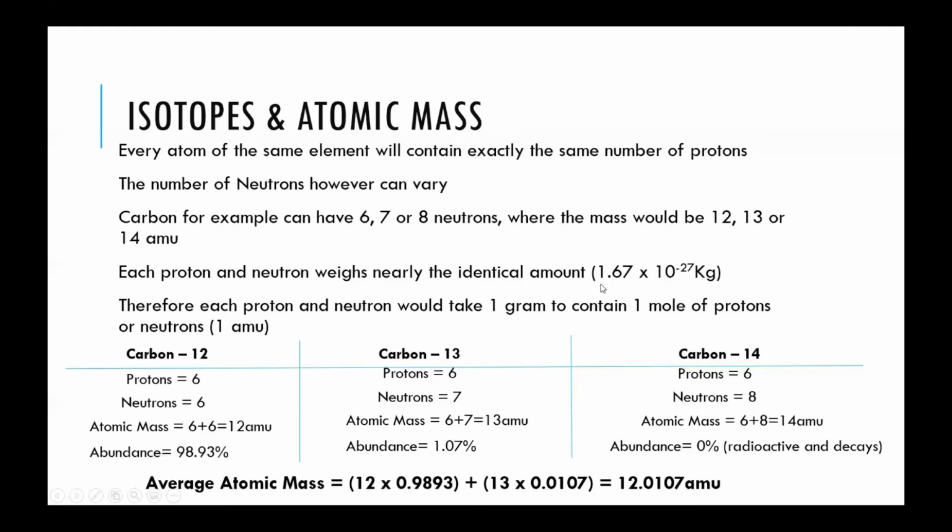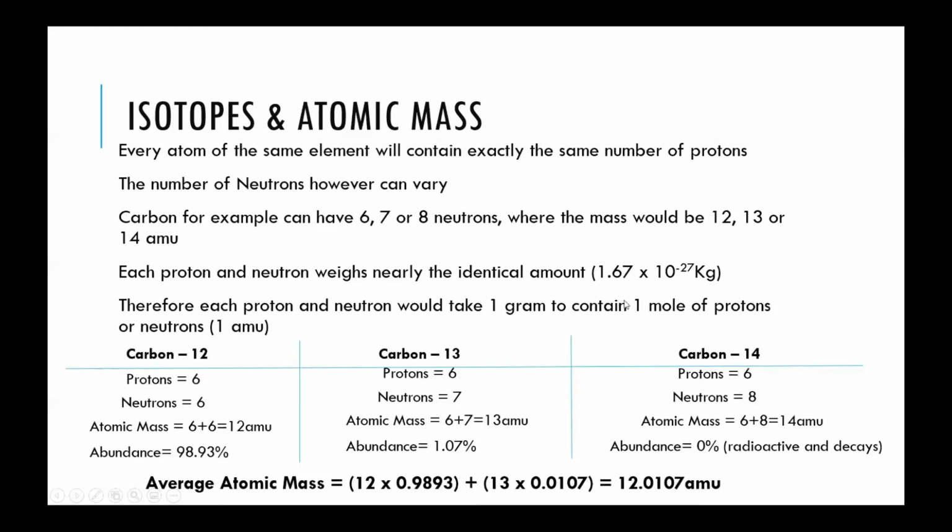They each weigh 1.67 times 10 to the negative 27th kilograms. They're very, very light. And if you multiply this by Avogadro's number for 1 mole, this is approximately equal to 1 gram.